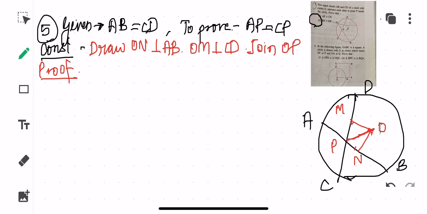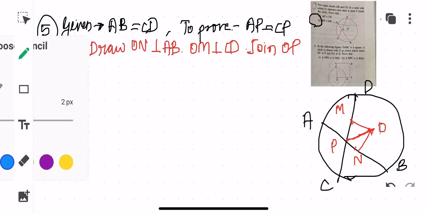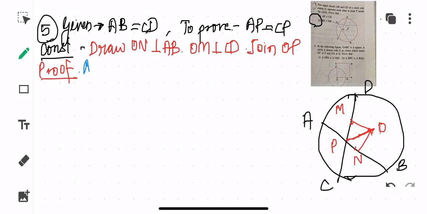Okay, so it is easily understood, children, that before moving to the proof part or the triangle part, we'll be writing what? Given AB is equal to CD. Okay, so this is going to imply what, children? If AB is equal to CD, then this is for sure going to imply that OM will be equal to ON. And then what is the theorem, children?